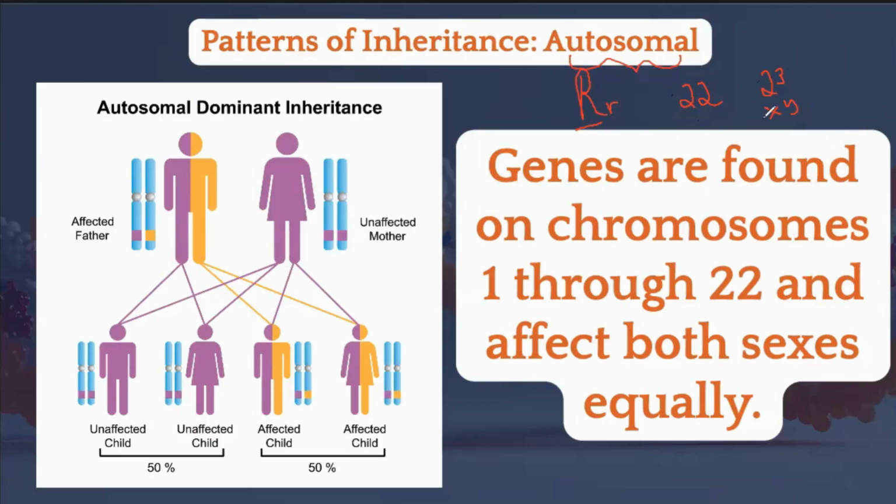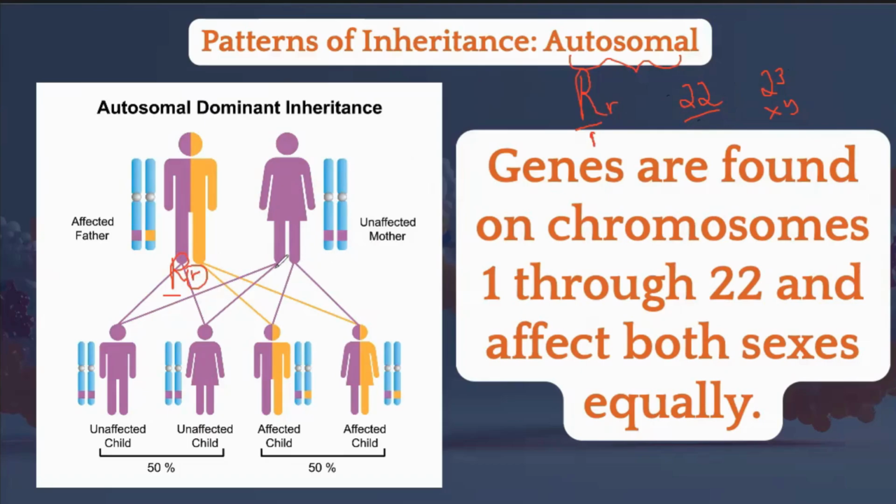So because of this, we'd say the 22 are going to be considered autosomal. And so if it's autosomal dominant, that means that the capital letter is what dictates the disease. So let's say we have an affected father, that's going to be big R, and we don't know if there is a little r involved just yet.